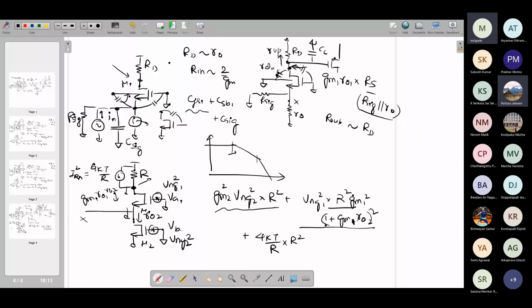And then if I want to find out the input referred noise current, what is the gain from the input if I have an input current? So I can basically draw it like this. If I have an input referred noise current, what is the gain from here to output approximately?